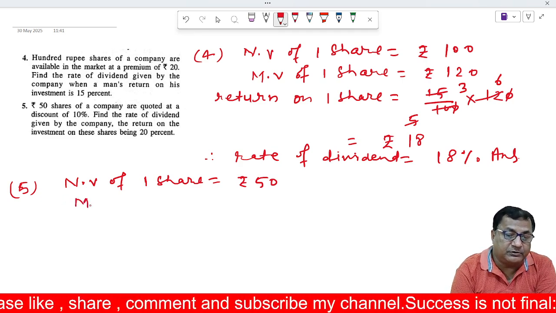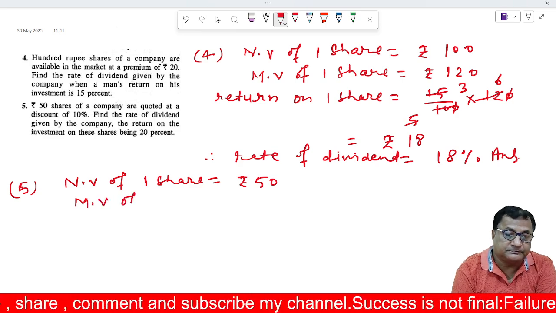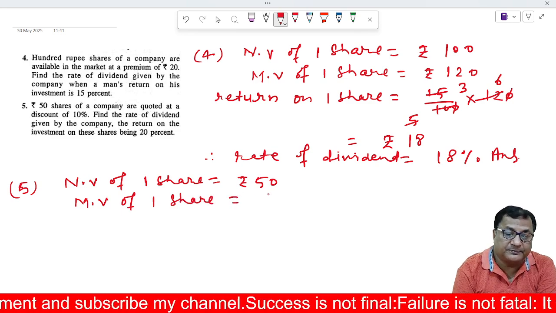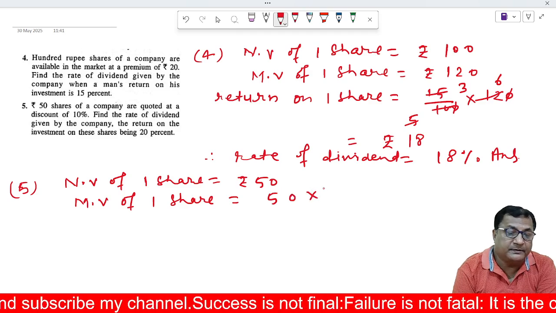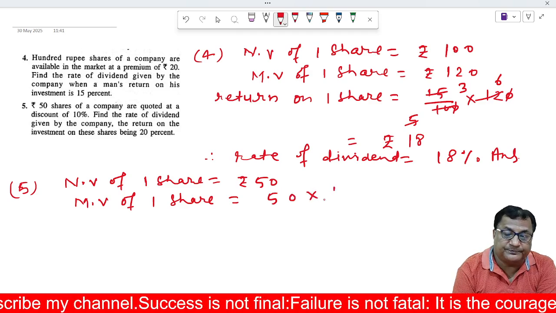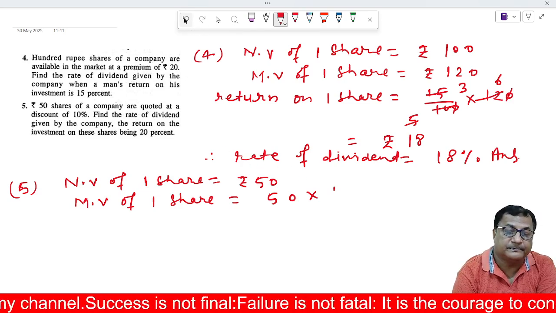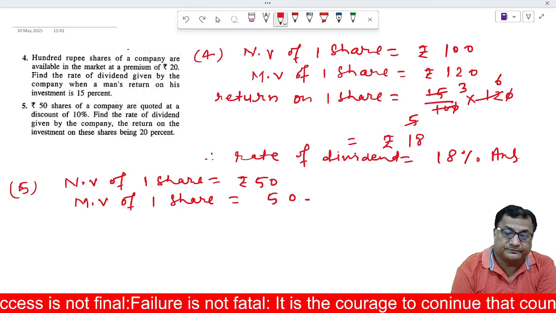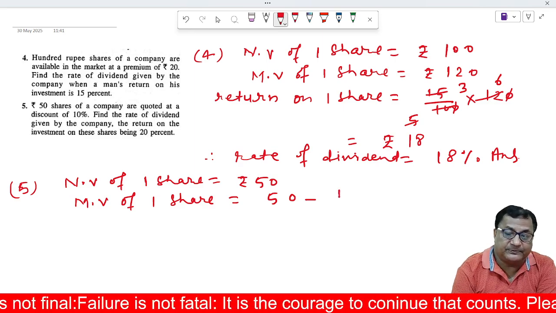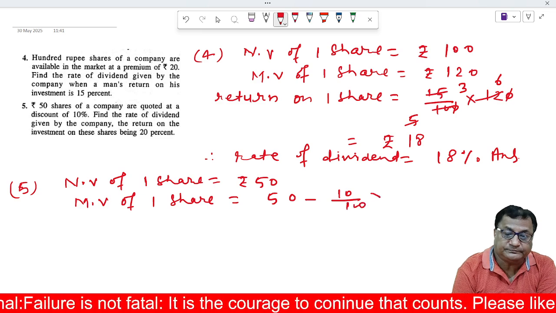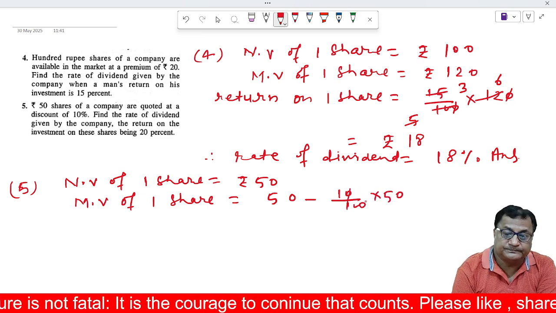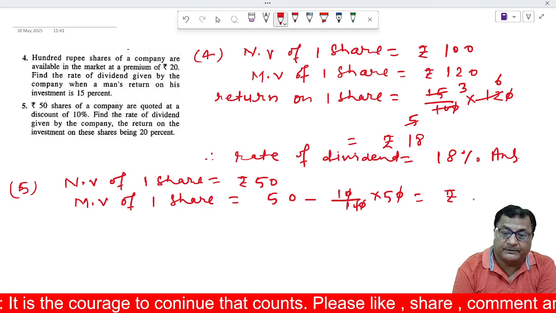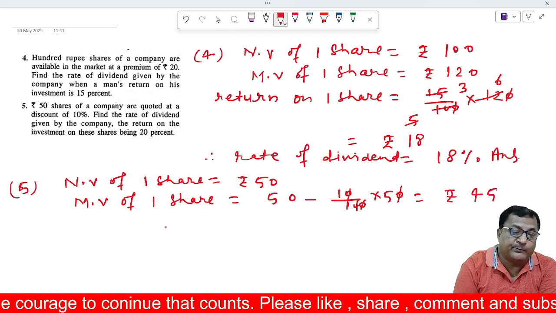So the market value of one share is 50 minus 10%, which means rupees 45. The market value is rupees 45.